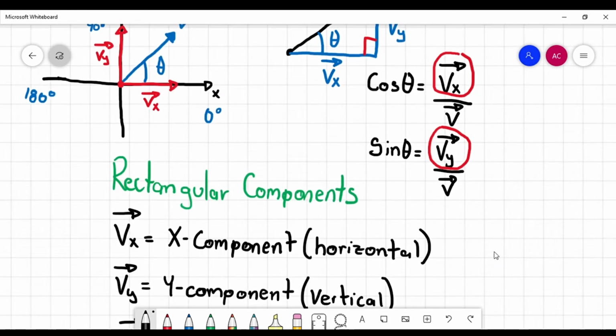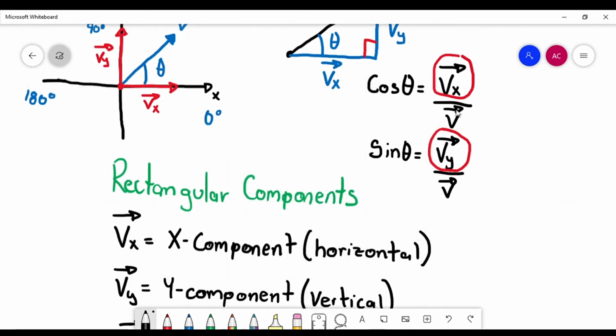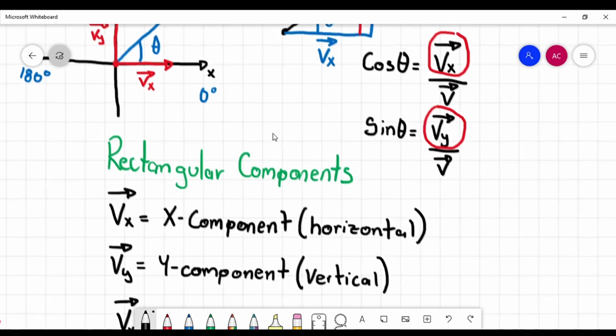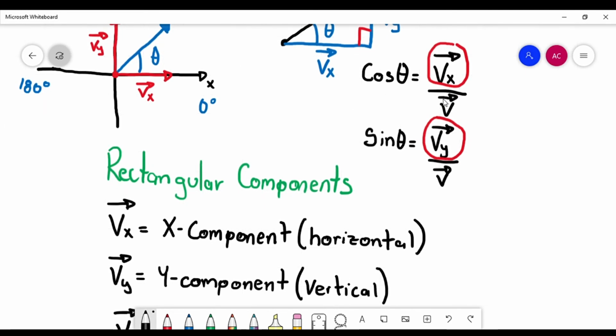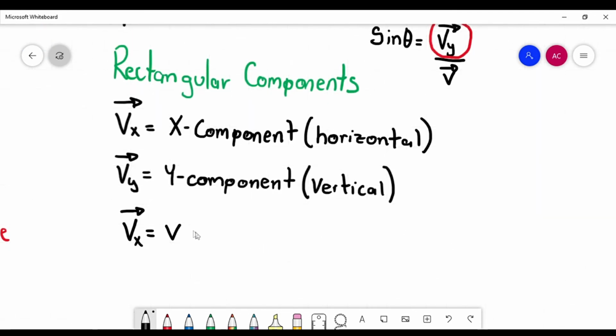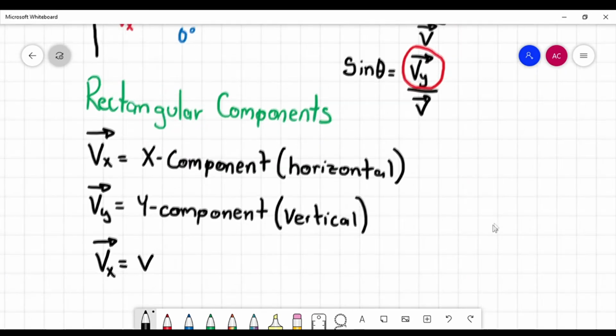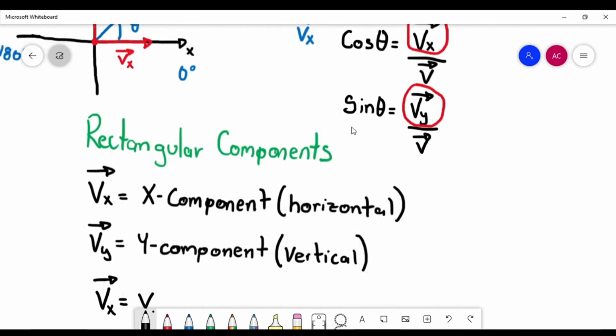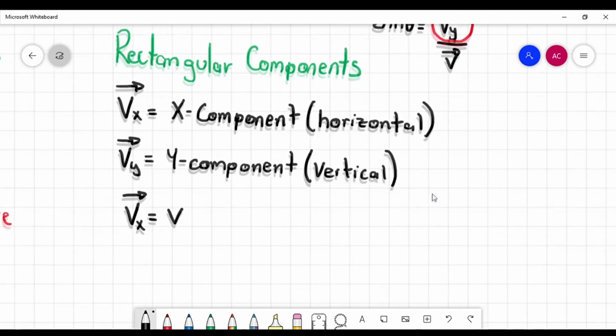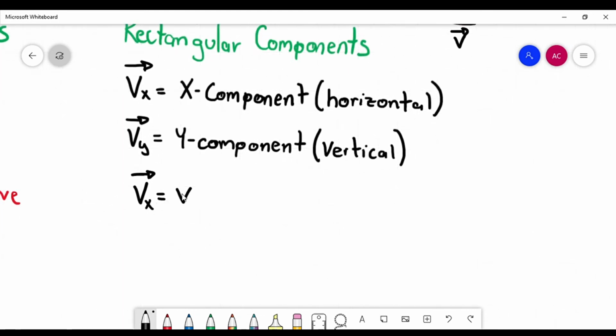In this case, I'm going to raise this little arrow over here, because remember, the arrow means that I'm going to write the magnitude and the direction. But in this case, I'm just going to use the magnitude. The direction is given by the cosine of the angle or the sine of the angle. Okay, so bx equals the magnitude times the cosine of the angle.